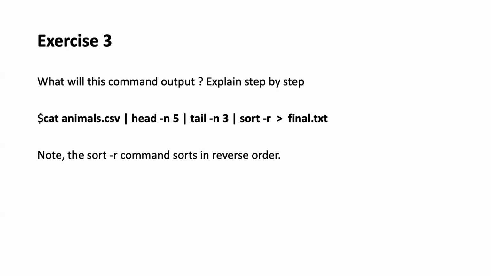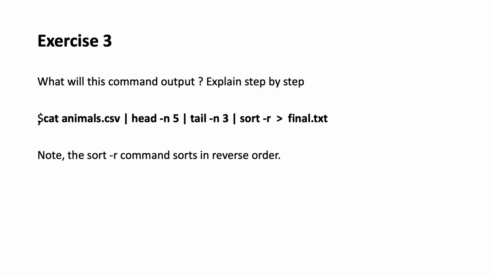Can you hear me? Yeah, I can now. Go ahead. Yes, so with this pipe, I think it will just read the top 5 and the bottom 3 as 1 in that CSV.